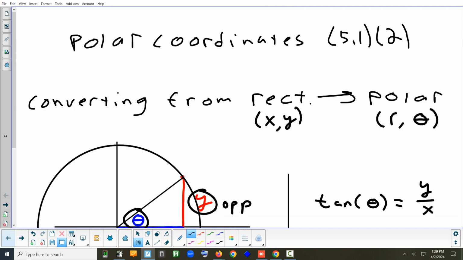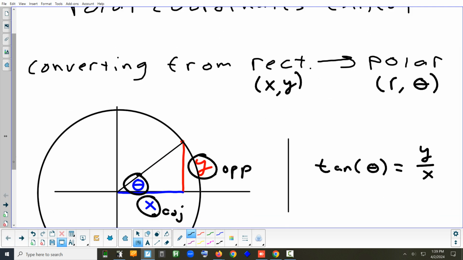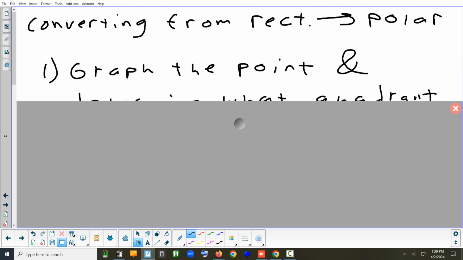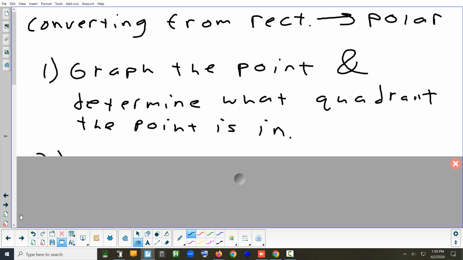All right. Now, it is important that we know what quadrant the point is in. Okay, in this case, it's quadrant 1. You'll see why the quadrant's important in a second. So if you can determine what quadrant you're in without graphing it, that's fine. The point of step 1 is just to figure out your quadrant.